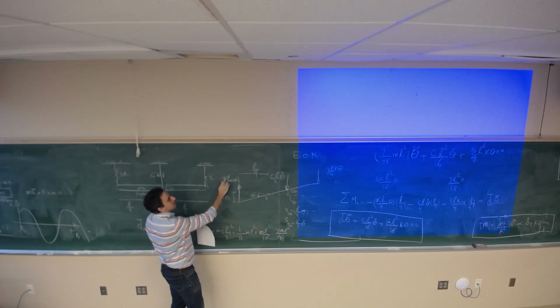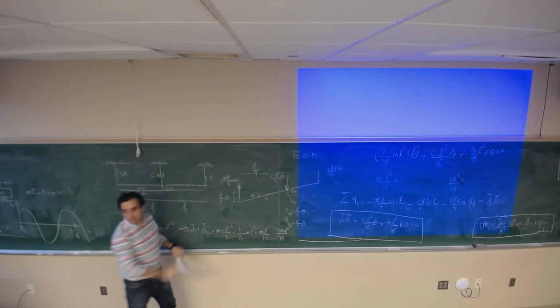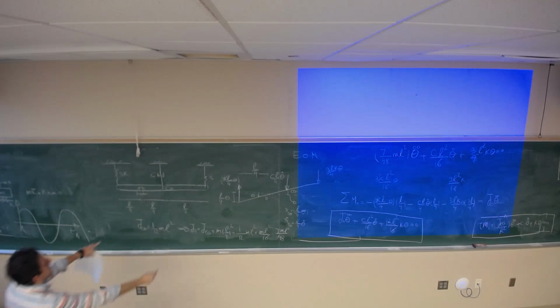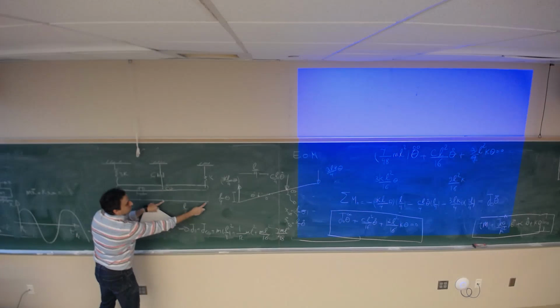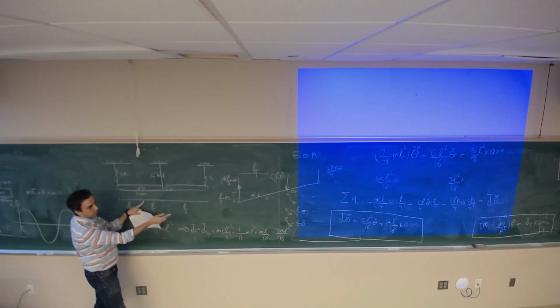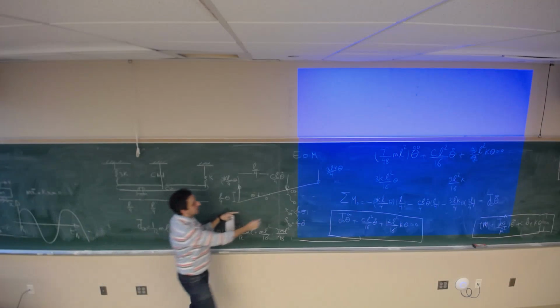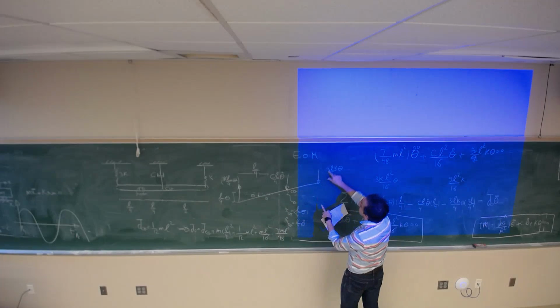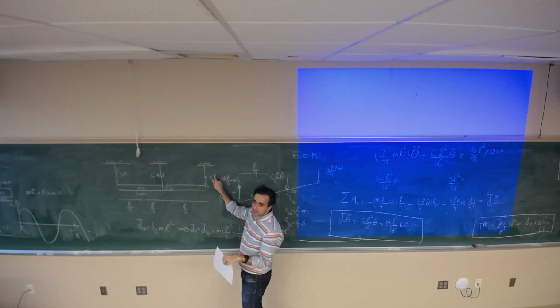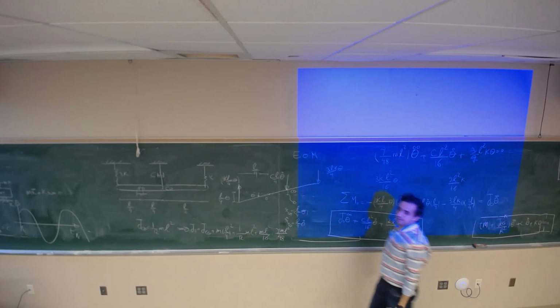The force is going to be the stiffness times L over 4 times theta. On the other side, this distance is L over 2 plus L over 4, which is going to be 3L over 4. So this is going to be 3L over 4 times theta. I multiplied by stiffness, I got the force.